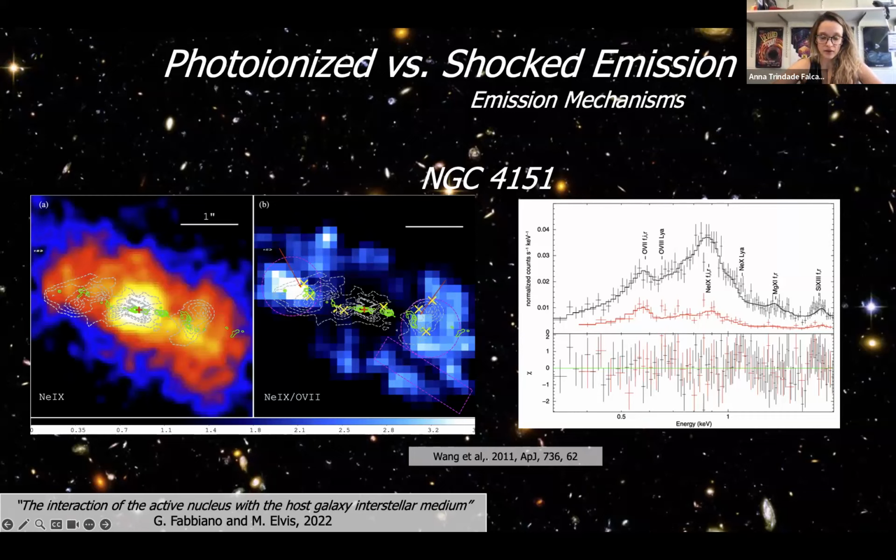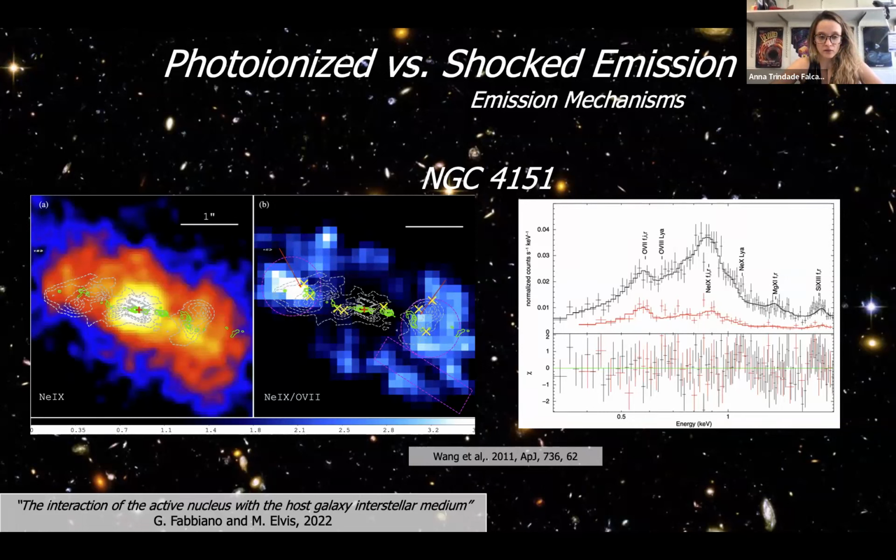So if you remember from my previous slide, this galaxy has a radio jet also aligned with the axis of the bicone here. So these thermal emission features tend to dominate in regions of strong interaction of the nuclear radio jet with the ISM.